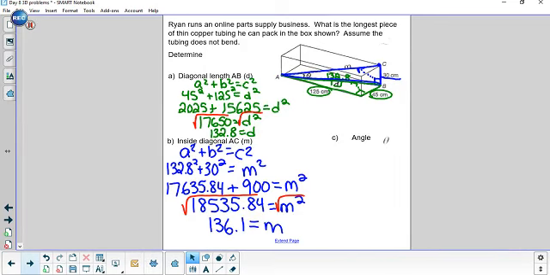What if we wanted to find angle theta? So angle theta is in this blue triangle as well. Now that we have found m, we actually know all three sides of this triangle. So technically, we could choose to use any of our three trig ratios. It does not matter.